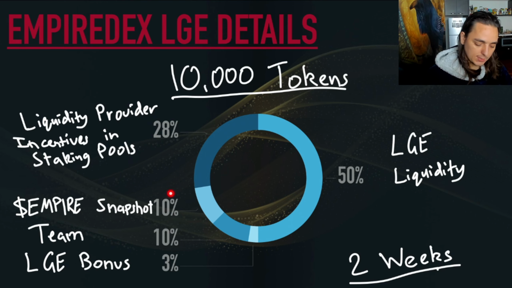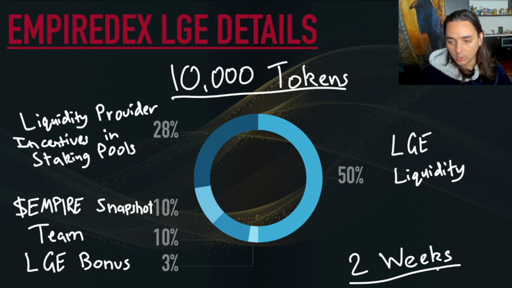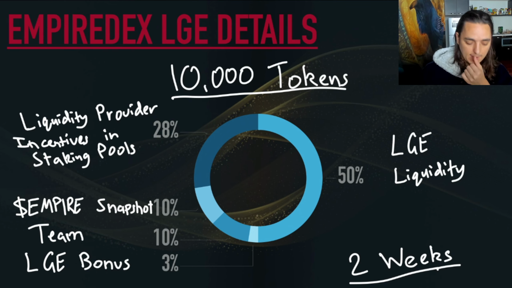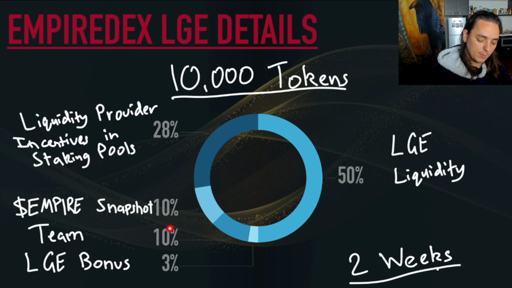And then we have 10%, and that is for the snapshot. So basically, the holders of Empire on BSC get locked in for a snapshot every time we have an LGE. And these are vested for 6 months, but after that, you'll be able to claim effectively 10% of whatever Empire you hold. We have 10% allocated for the team.